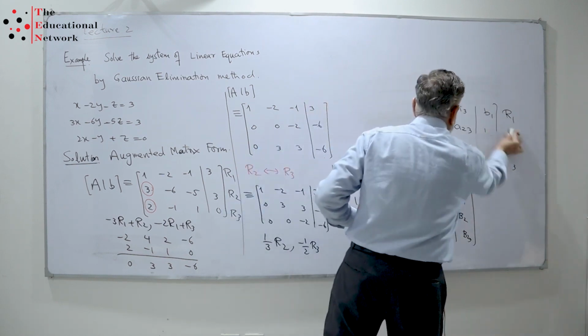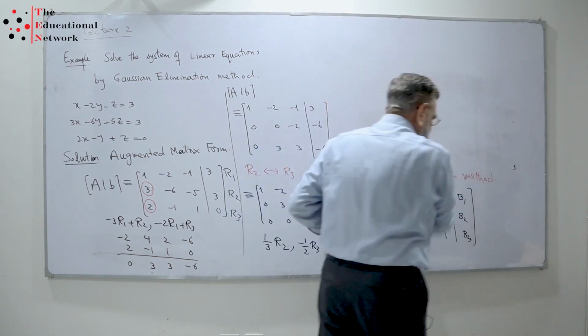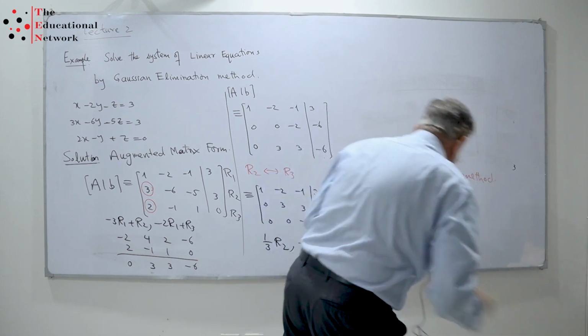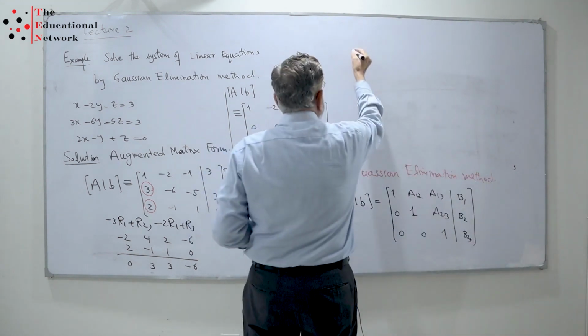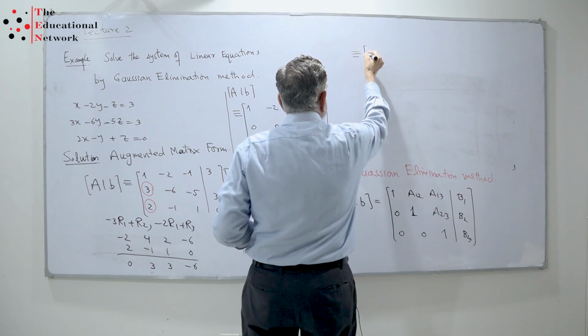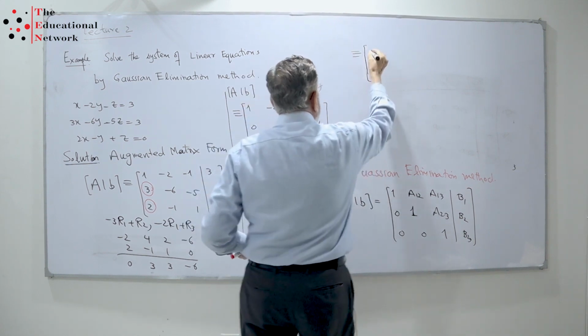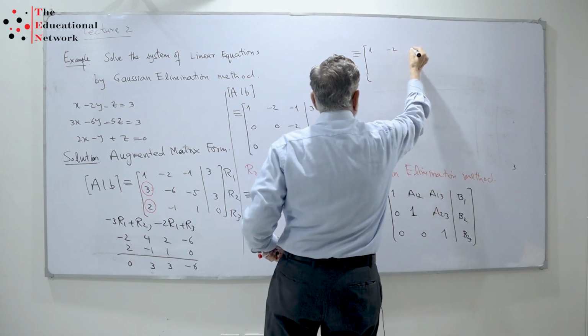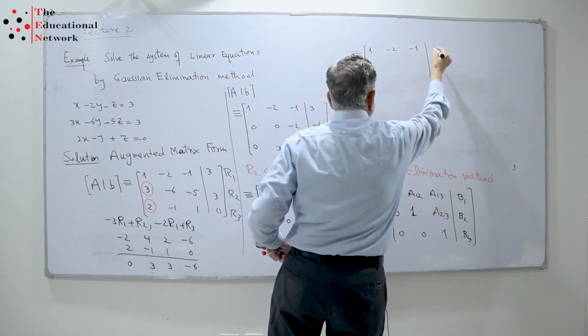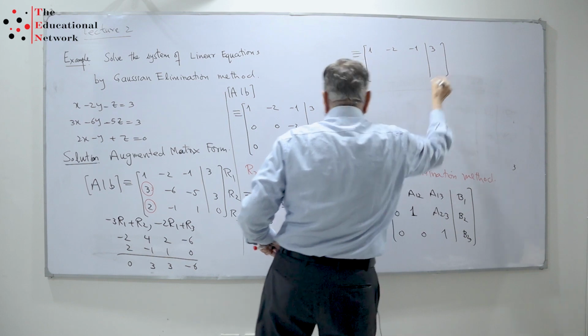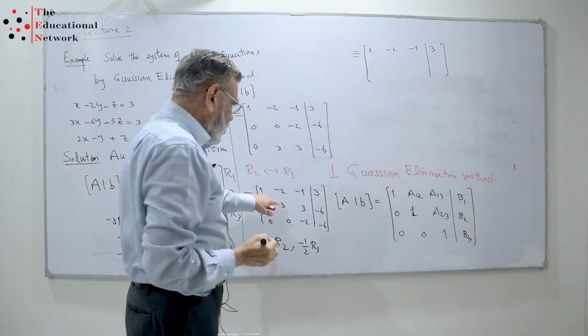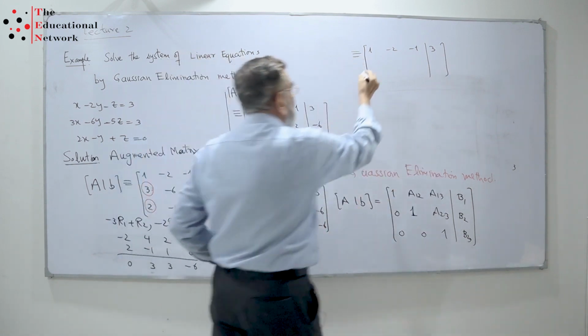So that's near the completion of our problem. After doing these row operations, I get 1, minus 2, minus 1, and 3. Multiplying by 1 by 3, I get 0, 1, 1, and minus 2.